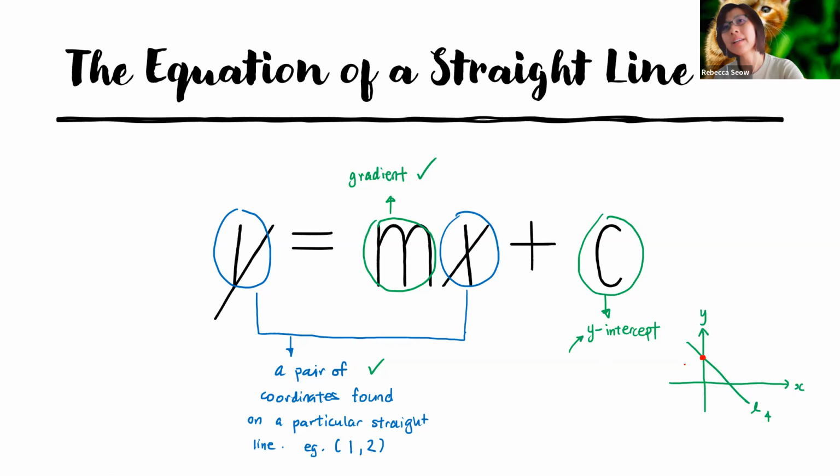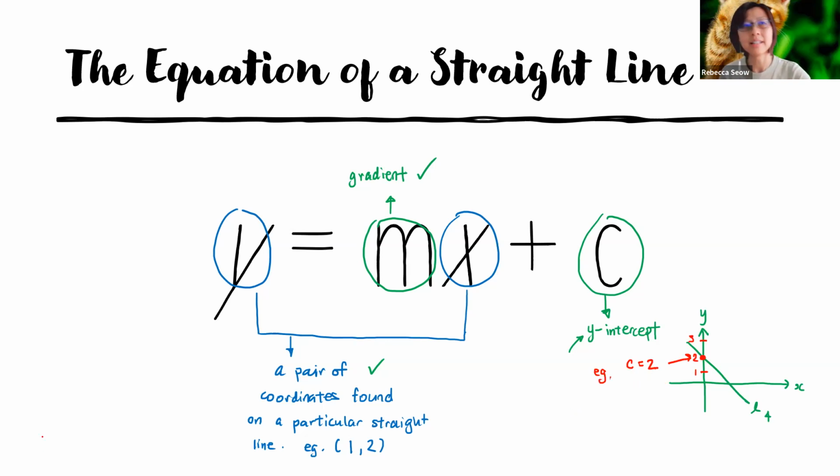The value over here is C. Let's say this value is 2. You see that the line crosses the y-axis at y equals 2. So the y-intercept, which is represented by the letter C, equals 2.